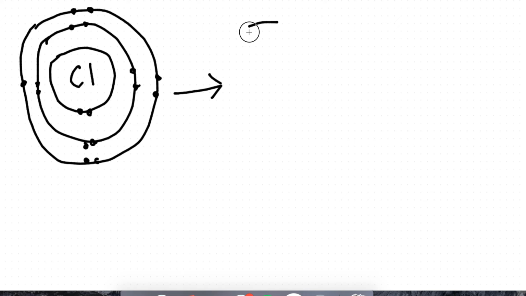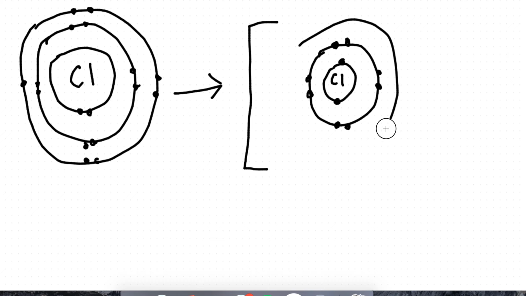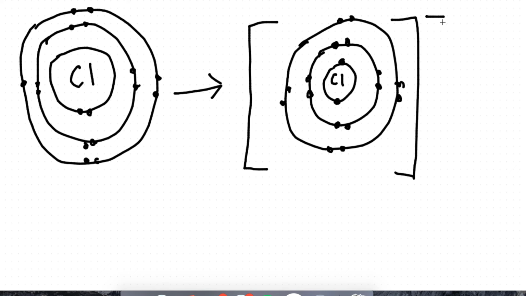When it becomes an ion, you put it in the square bracket, and since it gains an electron from 2.8.7, it becomes 2.8.8, and the minus sign. Alright, guys.